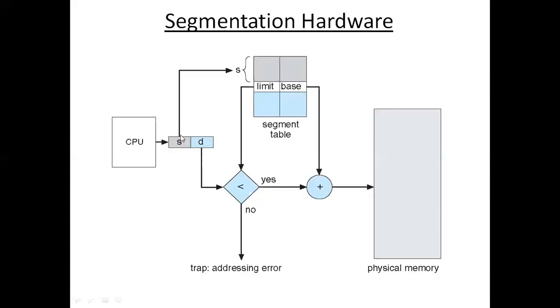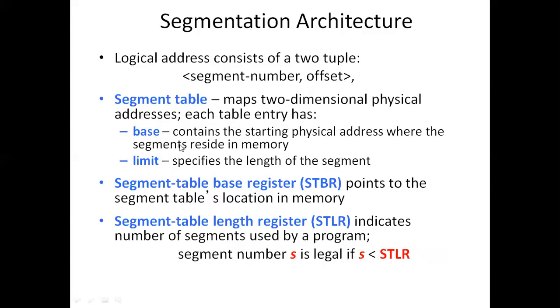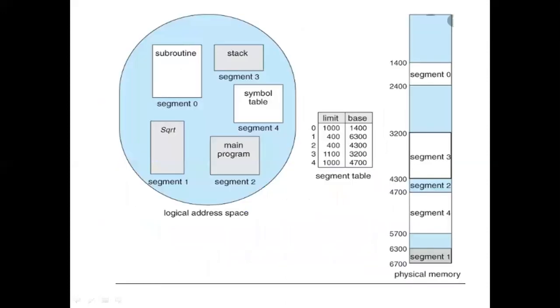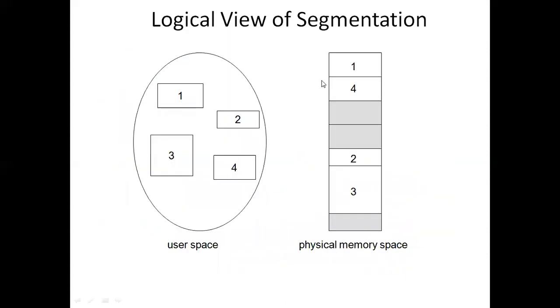Theoretically, the logical address consists of segment number and offset, and the segment table maps to a 2-dimensional physical address, that is the base and the limit. Limit specifies the length of the segment. Base contains the starting physical address where the segment resides in memory.